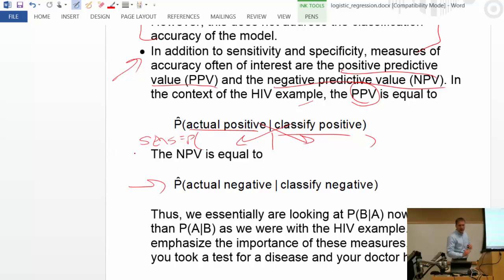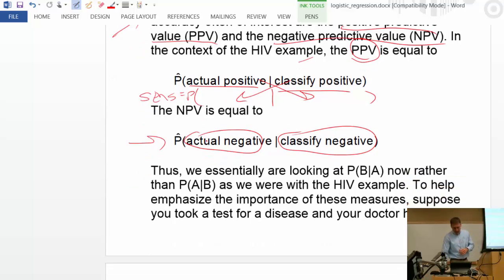The negative predictive value then is the estimated probability of actual negative given classified as negative. So you can see that we're simply flipping these two things in the specificity definition. Well, why are these important?